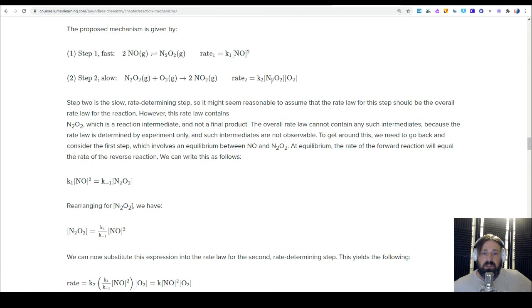We take this and we replace the dinitrogen dioxide concentration with this rate law up here. Nitrogen monoxide squared is going to go into here. Okay.